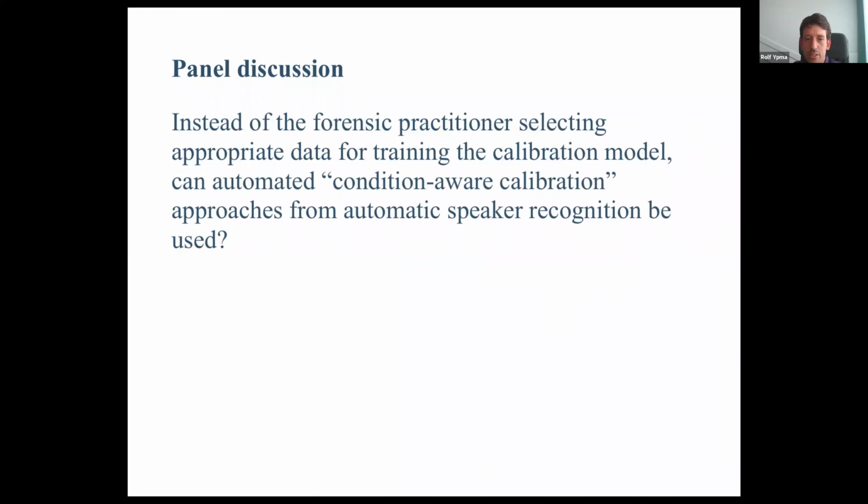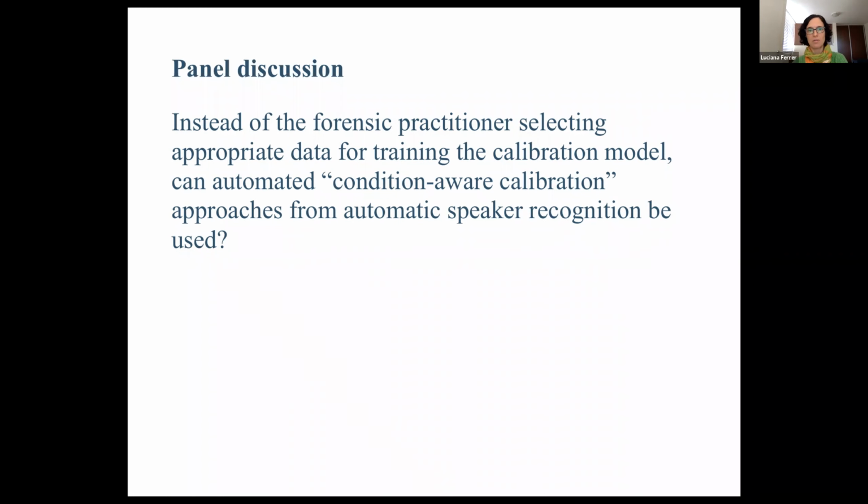Instead of the forensic practitioner selecting appropriate data for training, can automated condition-aware calibration for automatic speaker recognition be used? Luciana, would you take this one? I would say it can be used, but by this, I think you mean what I presented at the end of the talk, right?